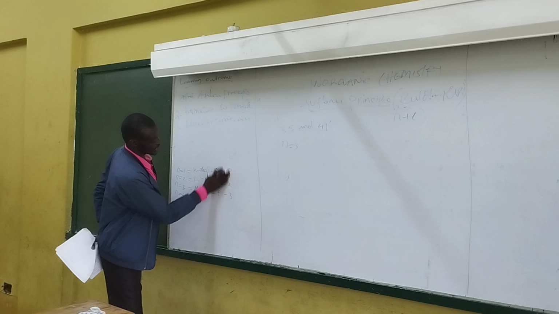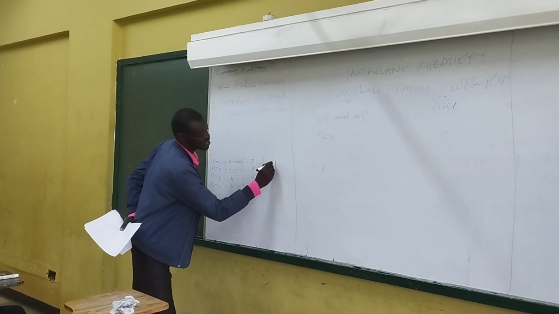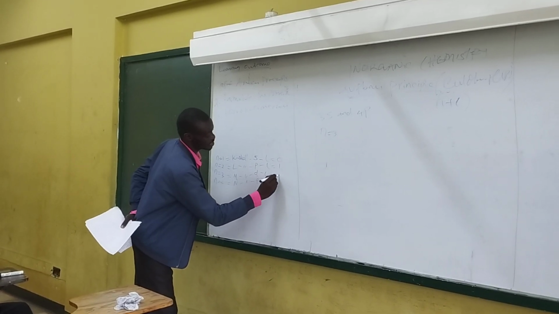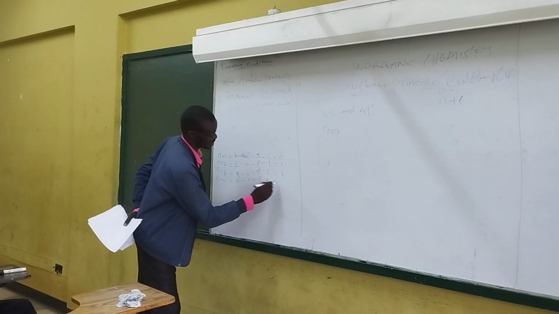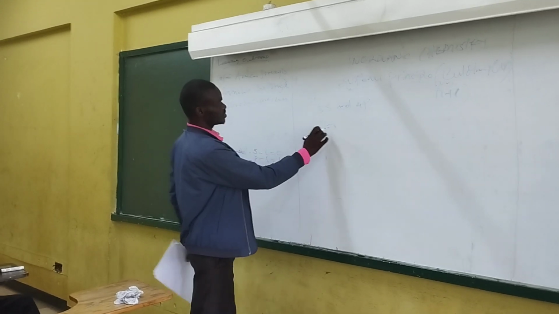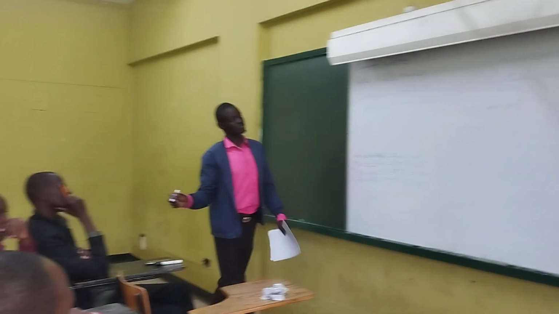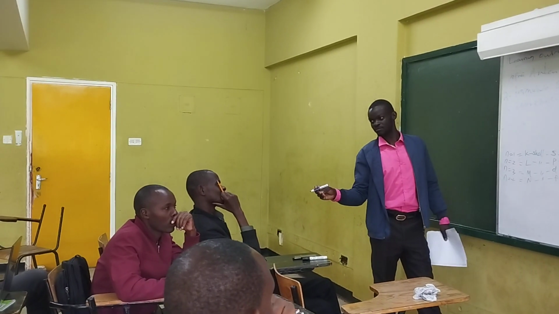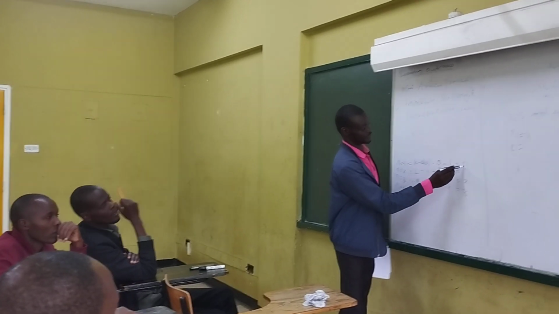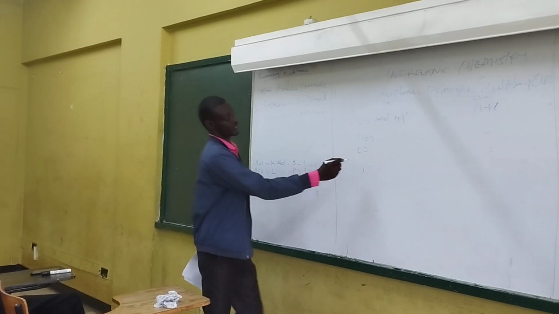So let me add this: our l for s is 0, our l for p is 1, our l for d is 2, and our l for f is 3. In the s block, the value of l is 0.